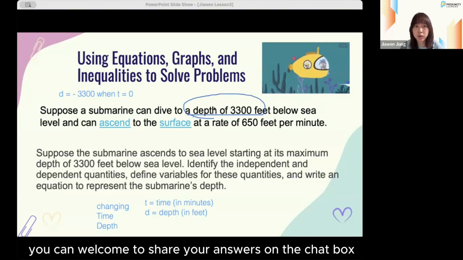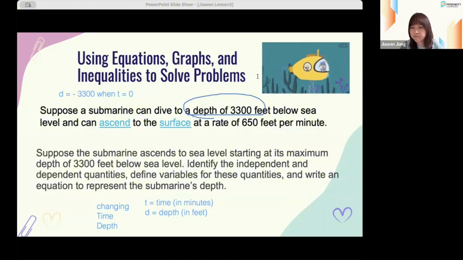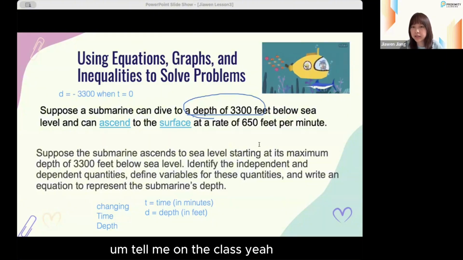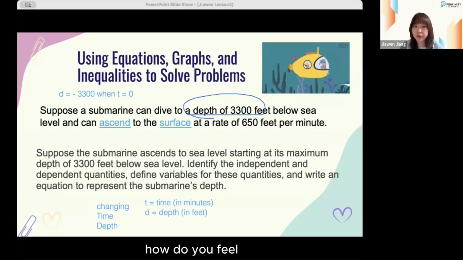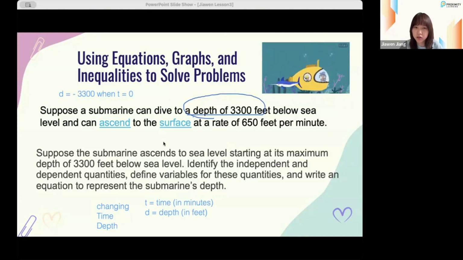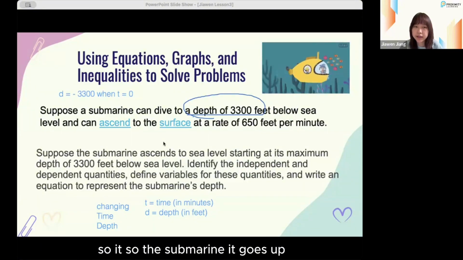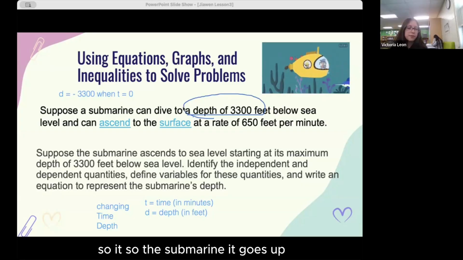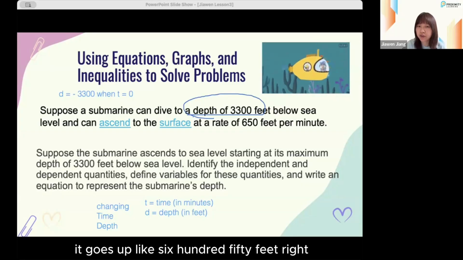You are welcome to share your answers in the chat box, or you can just tell me in the class. So when the time changes, every minute, the submarine goes up like 650 feet.